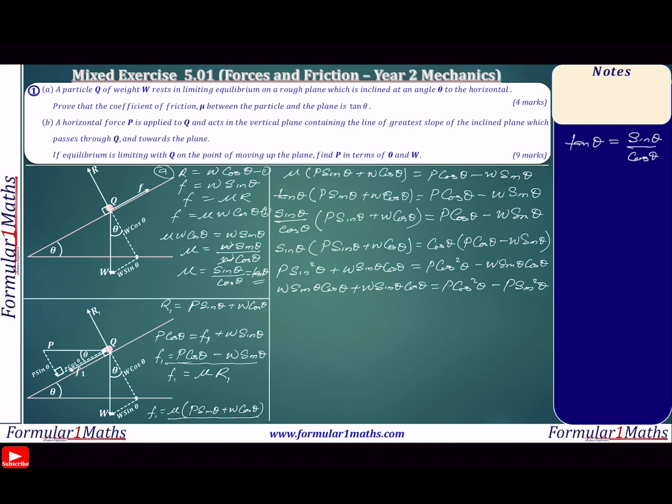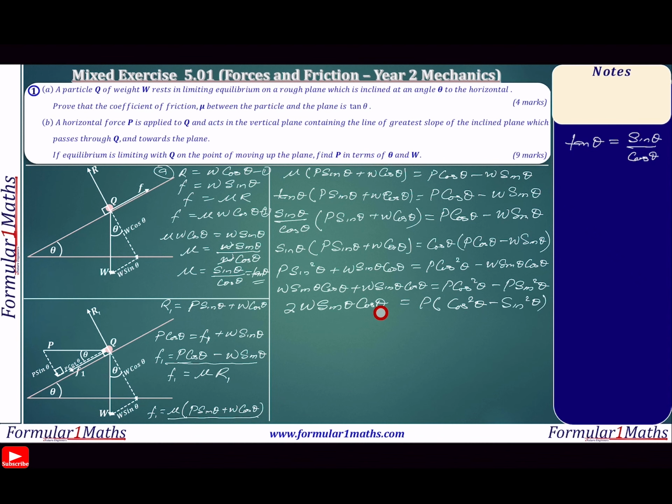If I simplify this, I'm going to get 2W sine theta cos theta equals P brackets cos squared theta minus sine squared theta.